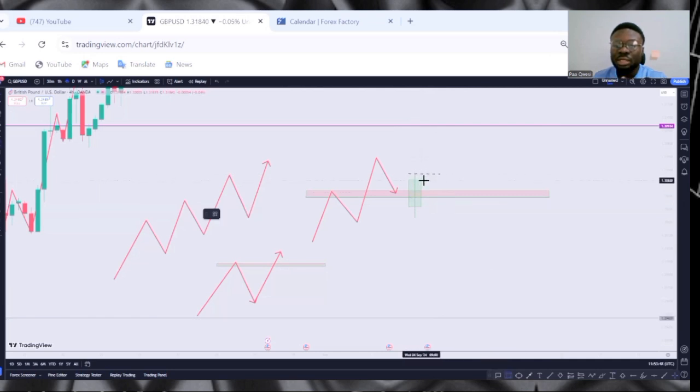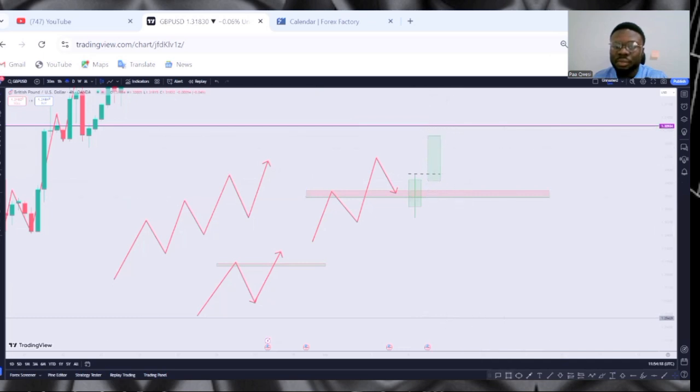So this is a bullish candle, so that means the next candle is going to form around this level, around this end. So I want to see the next candle breaking above the previous candle tip.